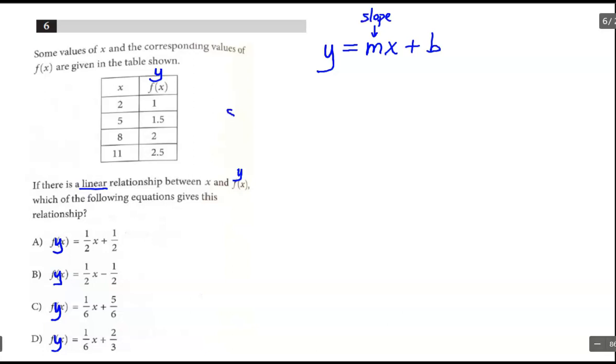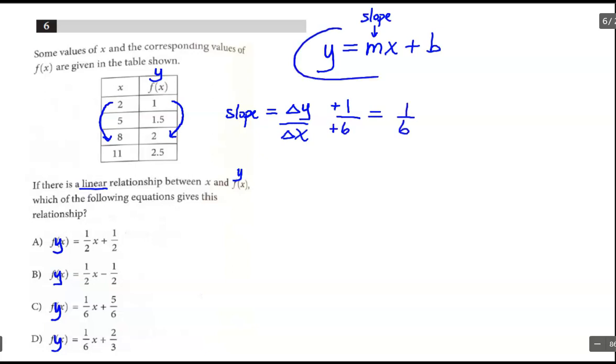And the slope, a lot of people say it's rise over run. I like to look at it as the change in y over the change in x. So when you're looking at your graph, as y goes up by 1, from 1 to 2, our change in x goes up by a positive 6. So right there, that tells me that our slope is 1/6.